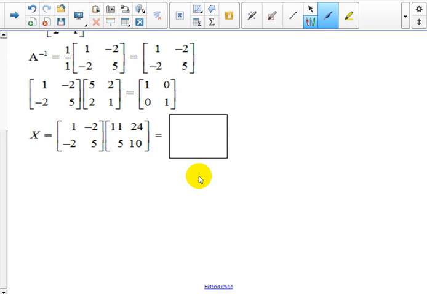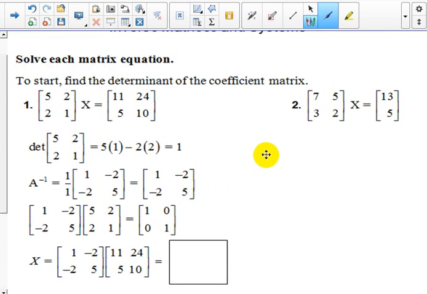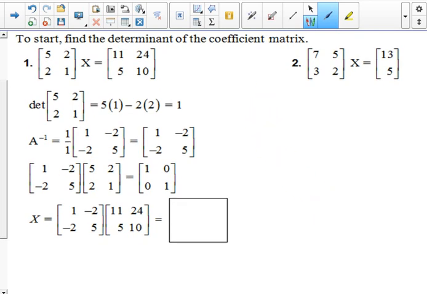When you finish this, go ahead and start on the next problem, number 2, which is even easier. And on our test, they're both going to be 2 by 2 matrices.